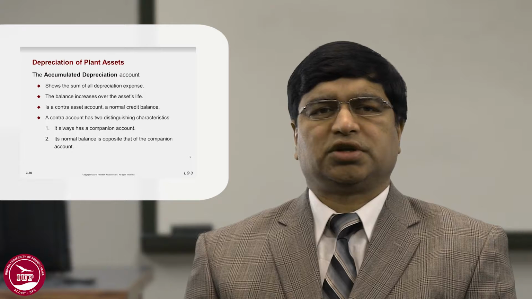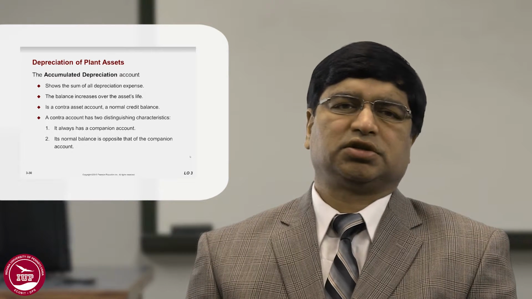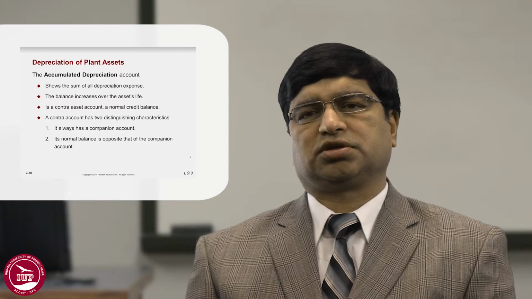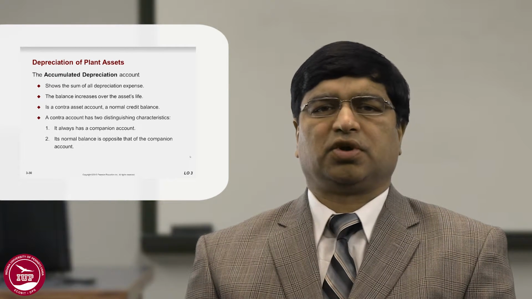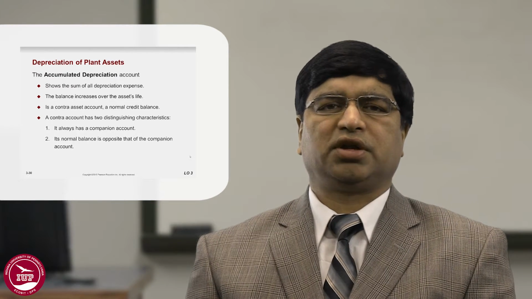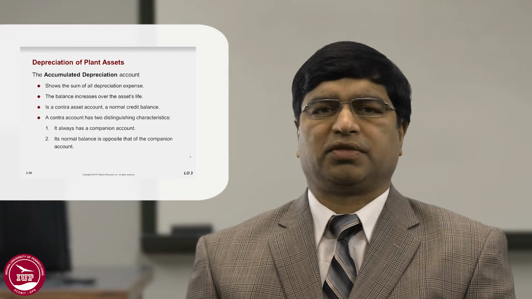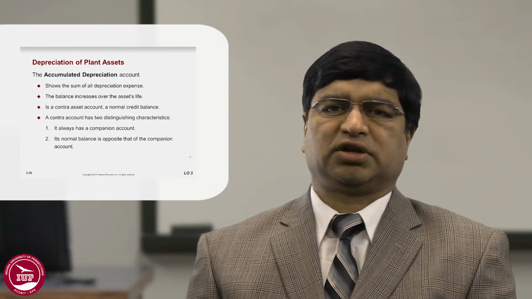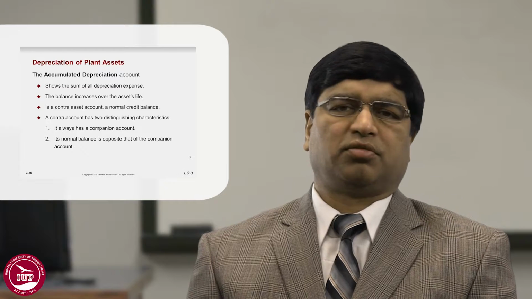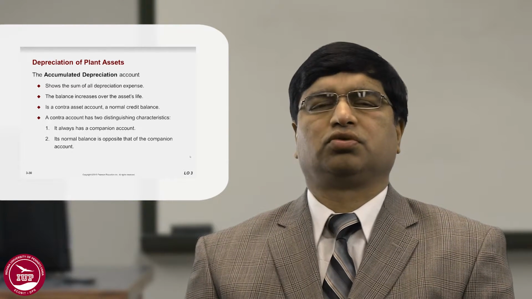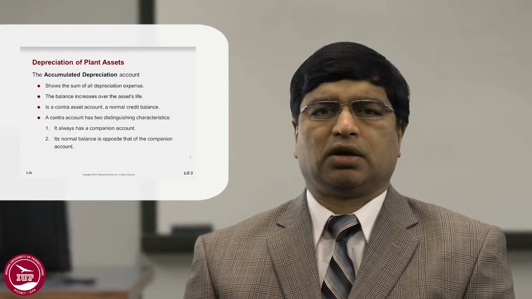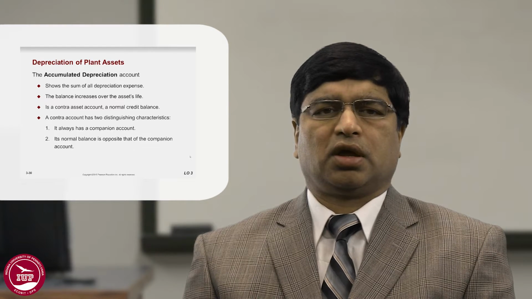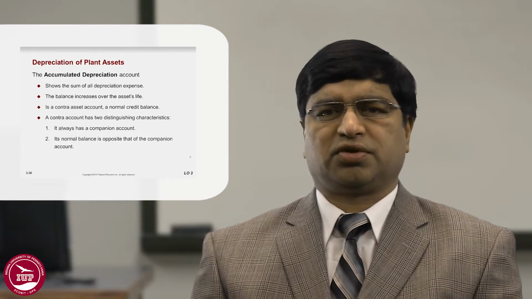Now, as far as the accumulated depreciation account is concerned, naturally, since the depreciation accumulates in that, the balance in the account will increase over a period of time. And since it's a contra asset account, it will have a normal credit balance that is opposite to what an asset balance has. A contra account has two distinguishing characteristics.